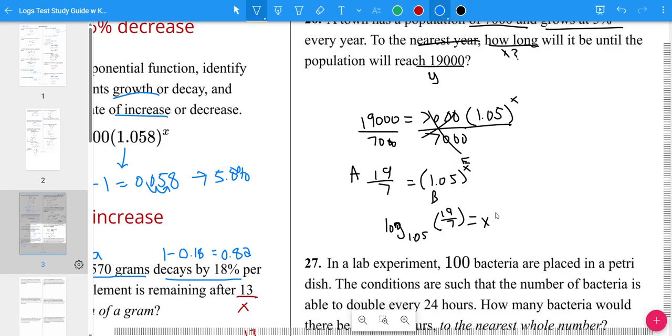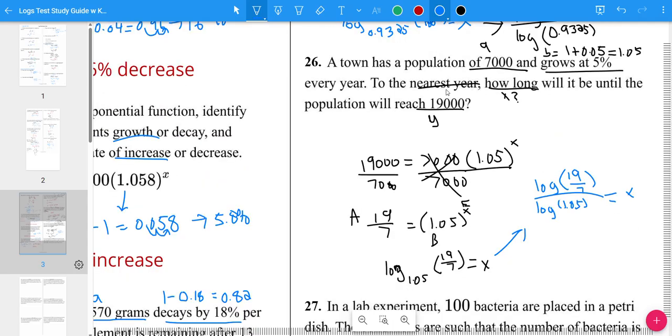And then rewrite it with base on bottom. So log over log, base is 1.05 over 19 over 7. And notice here to the nearest year, so the nearest whole number, this should give you 20 equals x.